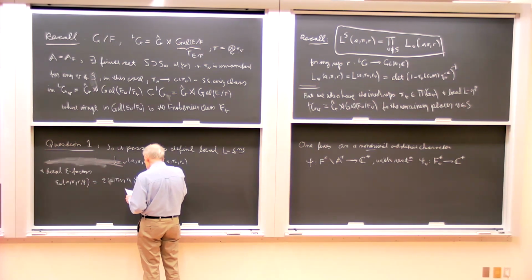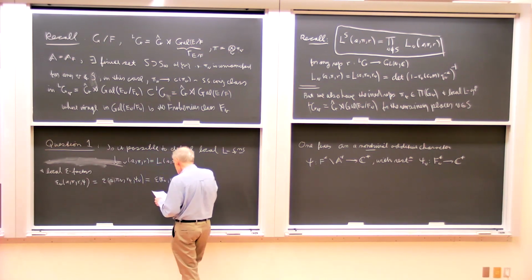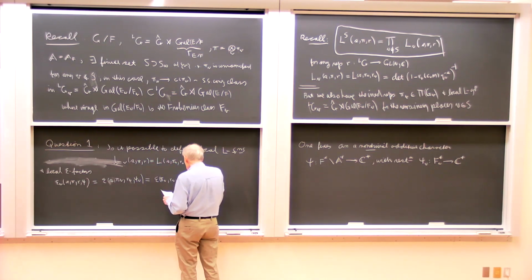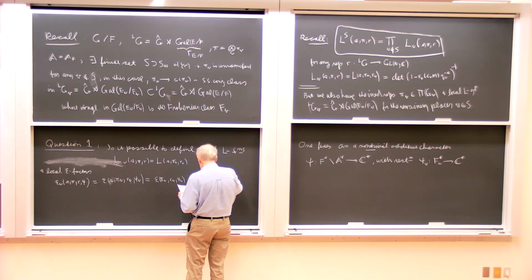These should be of the explicit form ε(π_v, r_v, ψ_v), which is just a complex number times q_v to the minus n_v, where n_v is an integer, minus 1/2 times s.